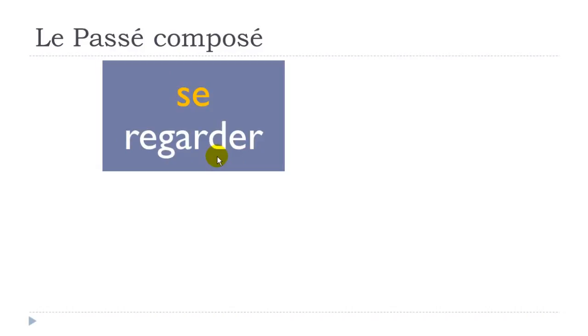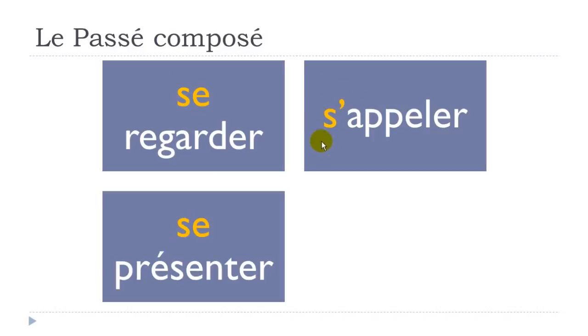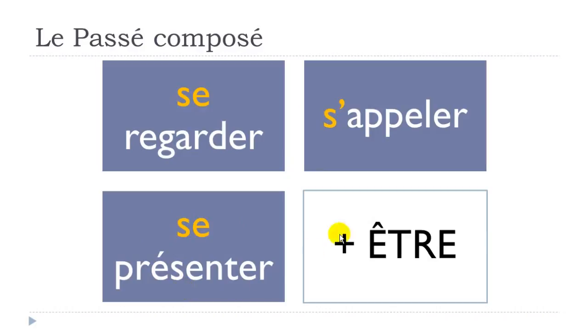And all these verbs will require être. Okay, s'appeler as well, to call oneself. Se présenter, to present oneself. So all these verbs, but then more generally, all the verbs constructed with this se form, so to have this reflexive form, will require être. Okay?